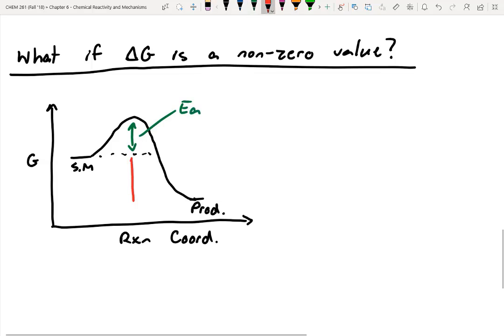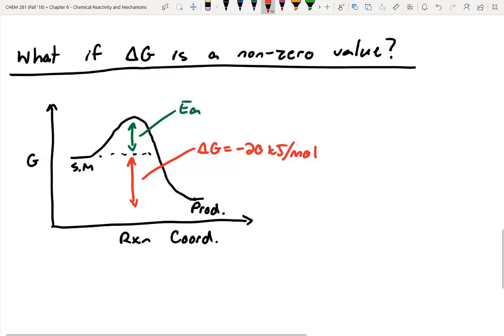And in this specific example, I'm just going to make up our delta G value. So I'm going to say that delta G, should it be positive or negative, first of all? We're going downhill. Negative. So it's a negative delta G value. Let's say that delta G is negative 20 kilojoules per mole. And that's been calculated for this reaction.